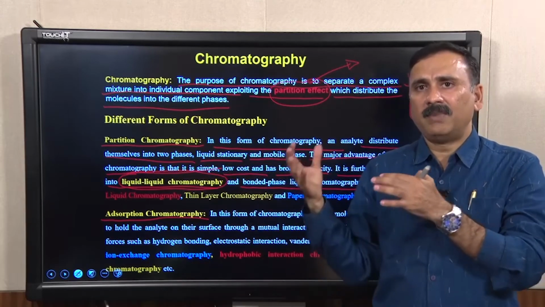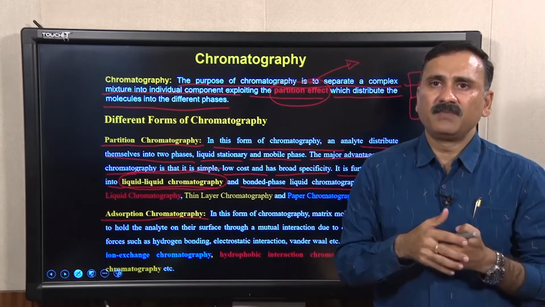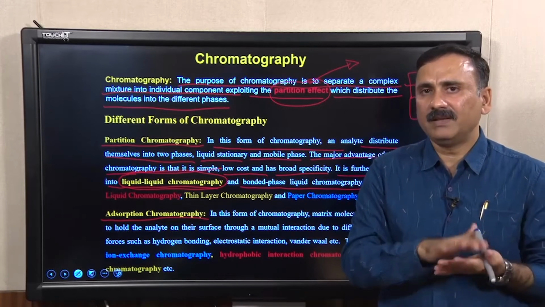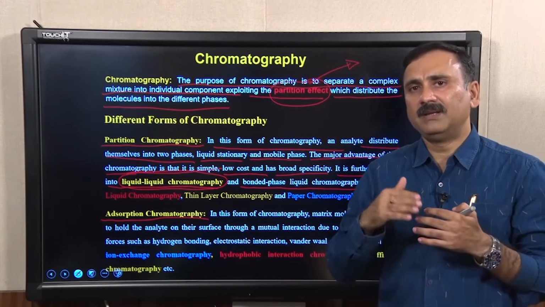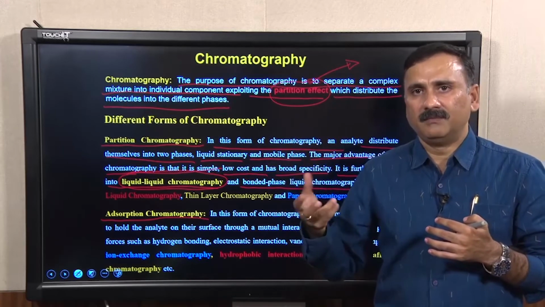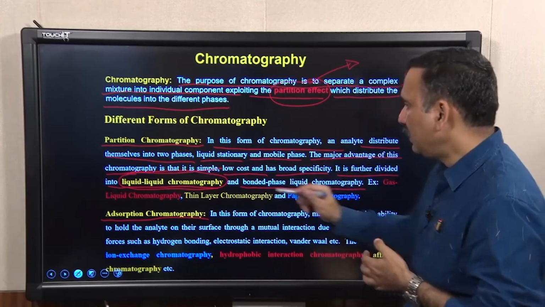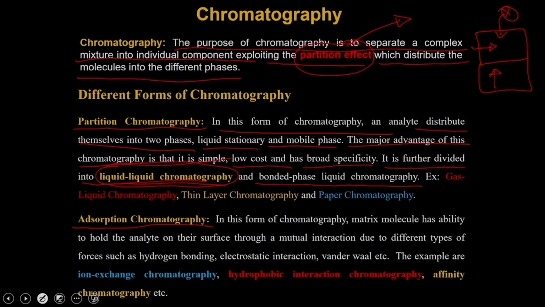On the other hand, compounds which are more polar in nature will probably remain in the aqueous phase, and that is how you can separate molecules utilizing different partitioning, which you can do in liquid-liquid chromatography.